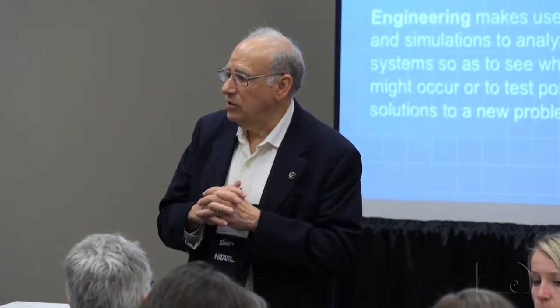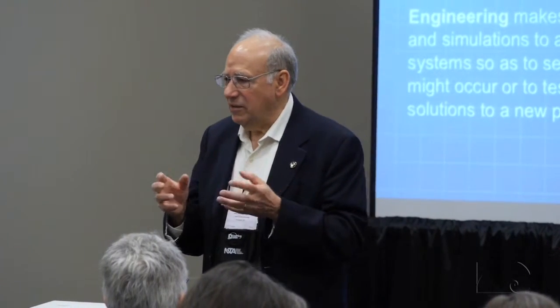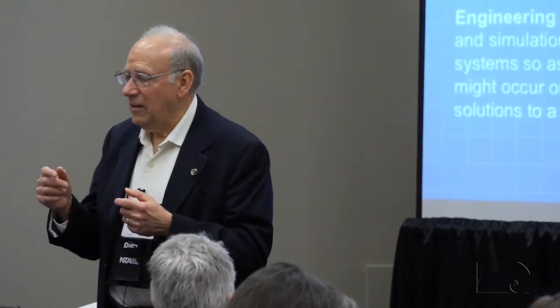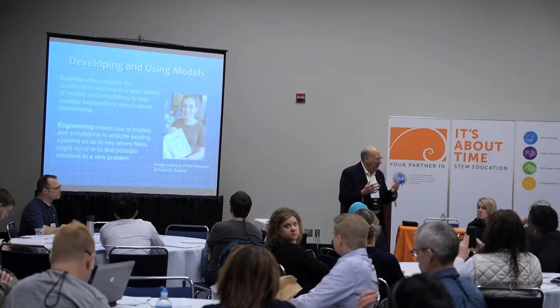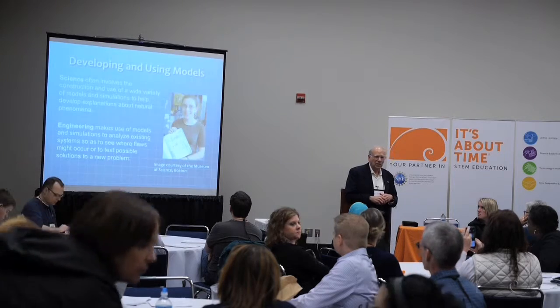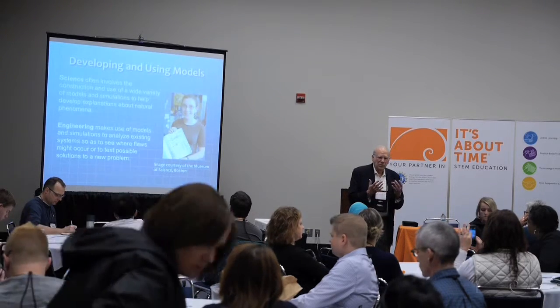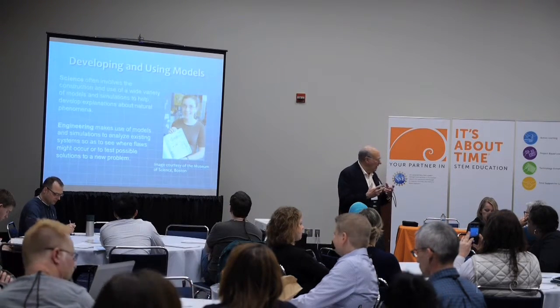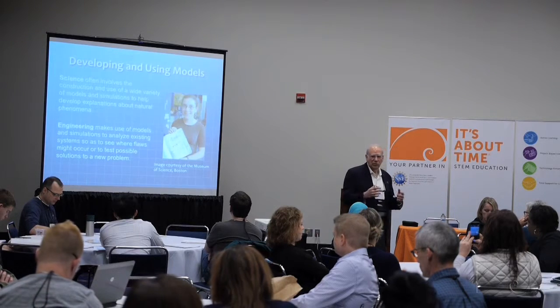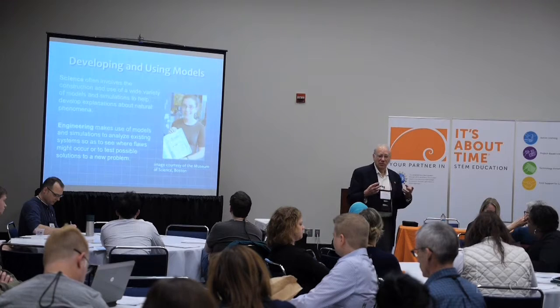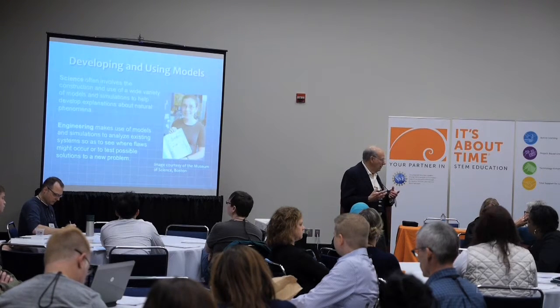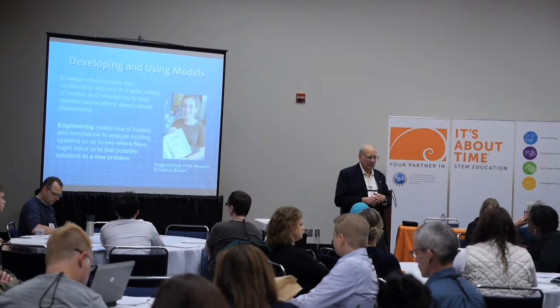So the engineering elementary curriculum has kids actually make little mock honeybees and see how a honeybee actually pollinates a flower. So scientists often develop models to better understand something, to represent how they think they understand it. Astronomers do this all the time because you can't actually experiment with galaxies, but you can build mathematical models and use computer simulations and so forth.